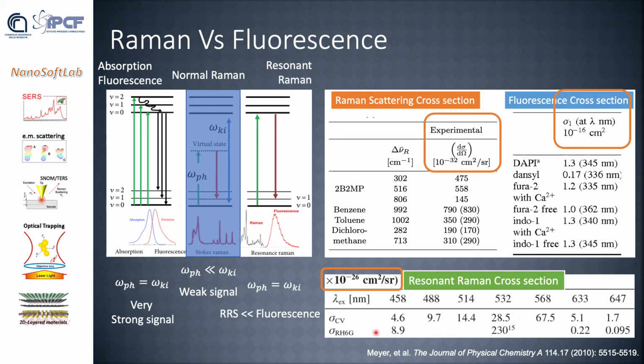For rhodamine 6G, we have almost a factor of 30 between non-resonant and resonant condition, but we are still in the order of 10 to minus 24 centimeters squared over steradian, which is much smaller than fluorescence. So even if we are able to perform resonant Raman, the signal will be much smaller than fluorescence.